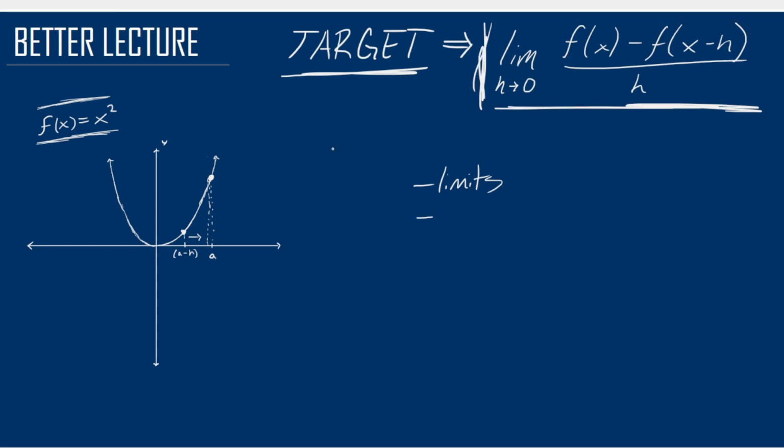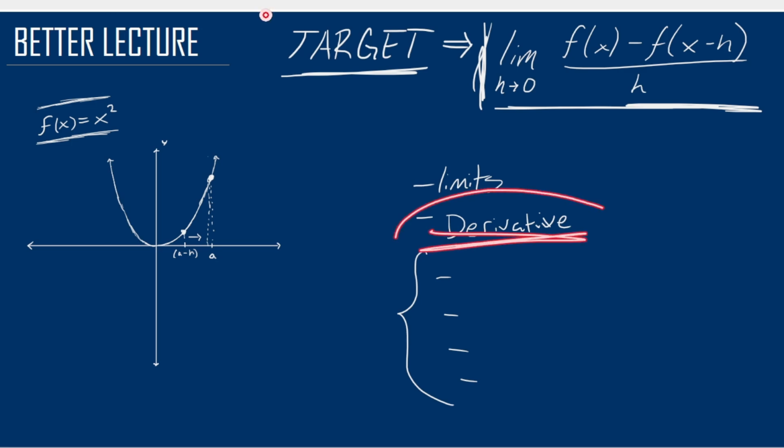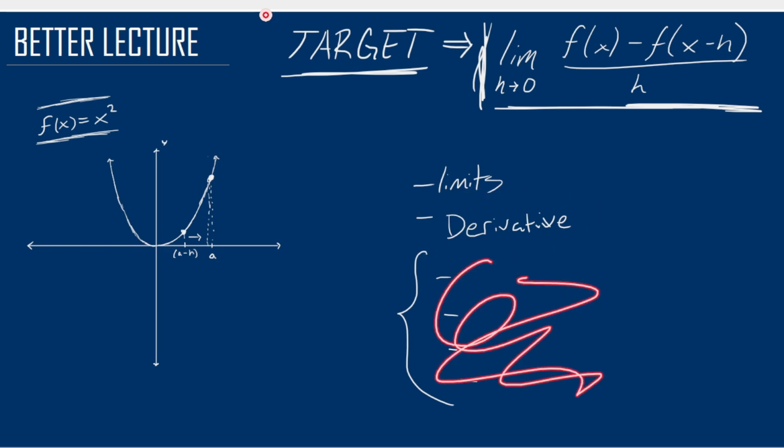And then you shortly go into the derivative. And then everything afterwards is going to be building off of the fact that you know what this is. So if you don't know what this is and where it's coming from, then the rest of this is going to be garbage. It's not going to make any sense.